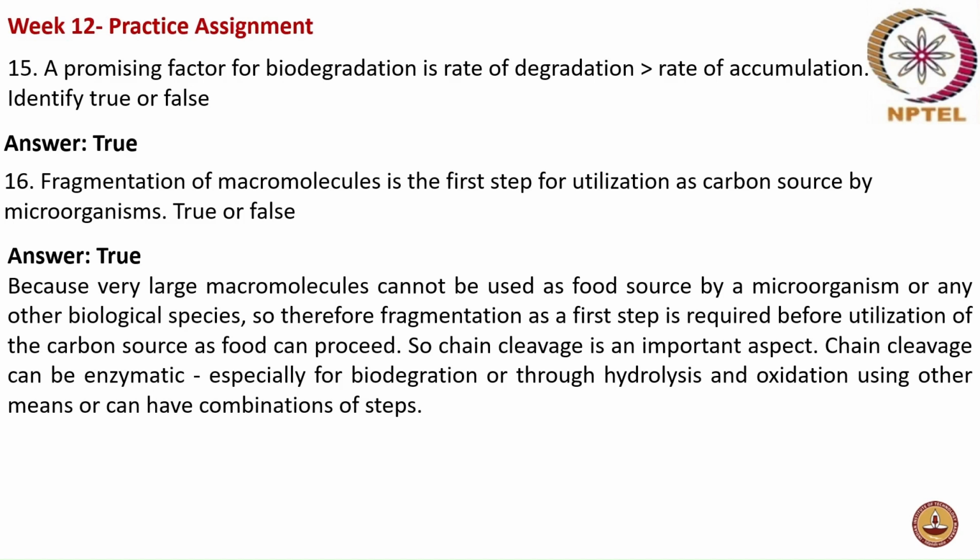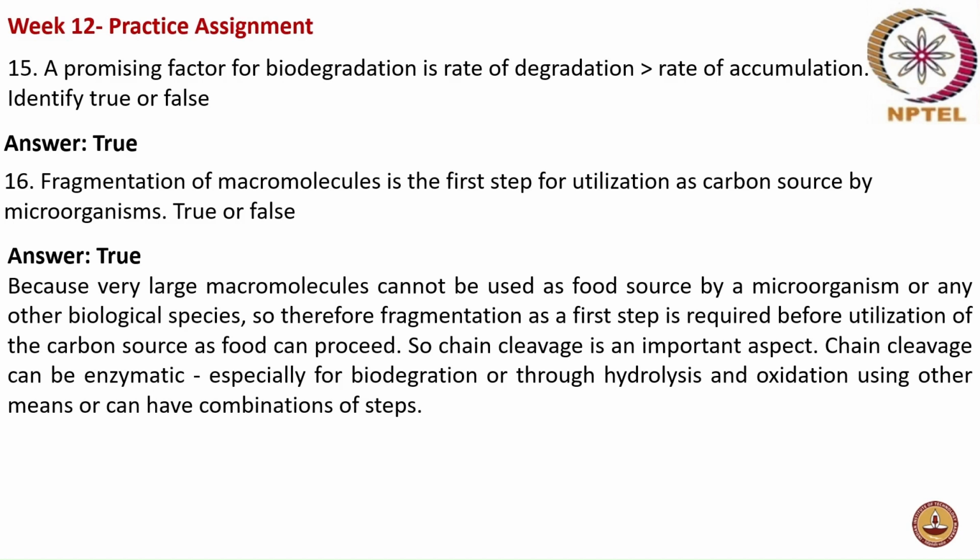Or this fragmentation can also happen through hydrolysis. Or it can also happen through oxidation. For example, through hydrolysis, we also saw in PLA, right? In PLA, due to the presence of water, the ester bond is broken down into acid and alcohol. So this causes the fragmentation of the big polymeric chain into smaller fragments. And oxidation using other means can also, or you can have a combination of steps.